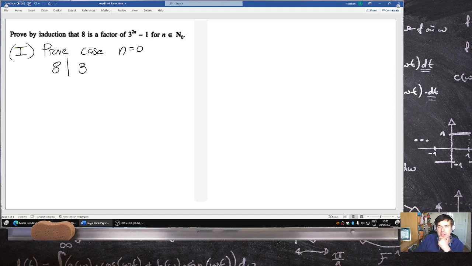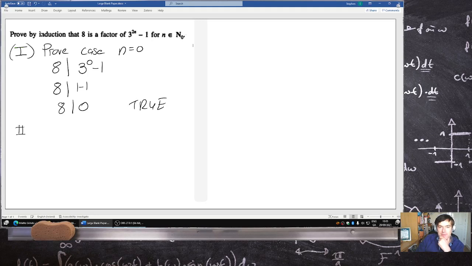Is 3^0 minus 1... Does 8 divide into... Oh, I guess it does, doesn't it? Yeah, because that's 1 minus 1. 8 does technically divide into 0. Very good. Okay. This is true. 8 does divide into 0 with no remainder.